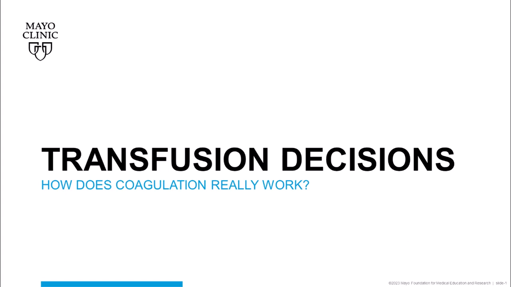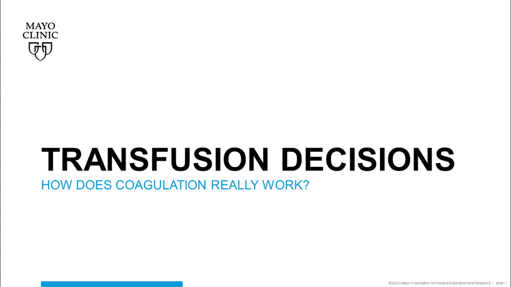Once I learned how coagulation really worked inside the body, then when approaching bleeding patients, I was able to analyze the situation by thinking about what I am seeing for the type of bleeding and the location of bleeding, what I know about the patient's underlying disease process, and what the lab tests are telling me, with an asterisk for being aware of the limitations of those coagulation tests.